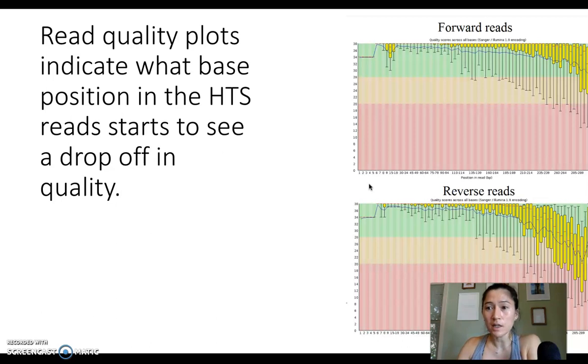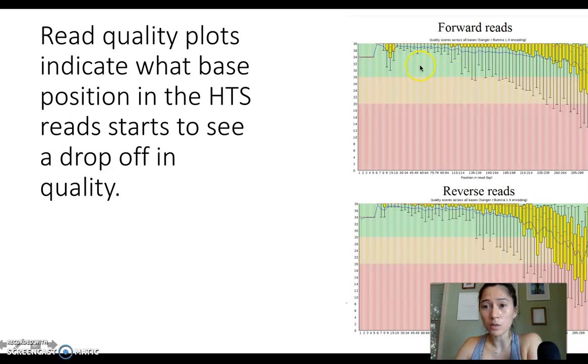In general, like we see in our DNA Subway reads, the read quality generally drops off towards the end of the sequencing read. That's to be expected, but really what we can look at in these plots are where we find sequencing reads whose quality is unacceptable.